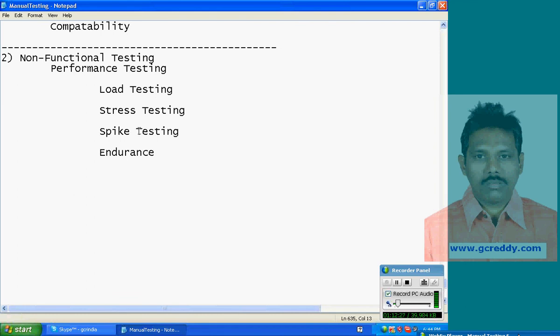See, these all are subsets of, or you can say flavors of, performance testing. First, load testing.